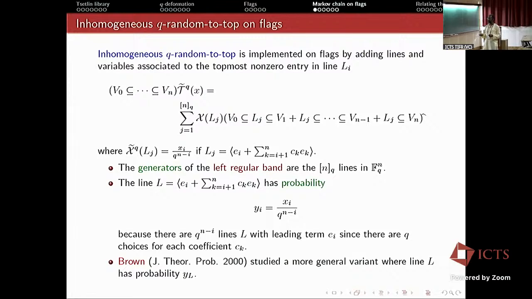So each line L has probability y sub L, completely independent. So this is of course much more general and in some sense much more powerful. But because it's so much more general, it misses the connection to the Hecke algebra. So we still had to do some work to get the formula.